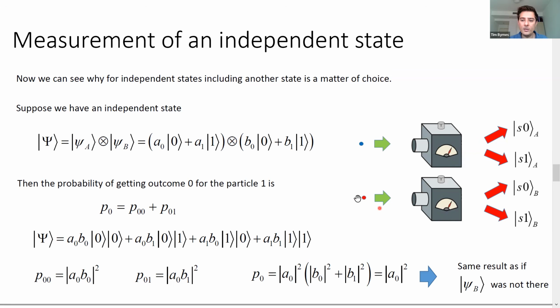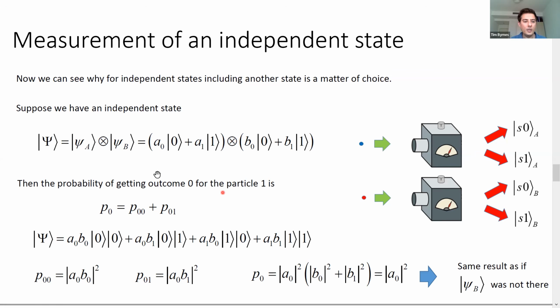If they're independent, the results on this detector should only depend on the properties of this particle, and the results of the other detector should only depend on the state of that particle. This is what we expect if we have independent states.